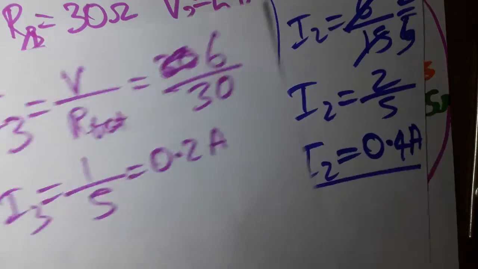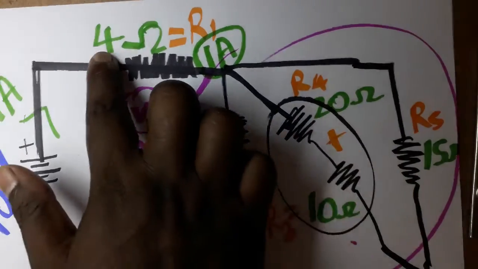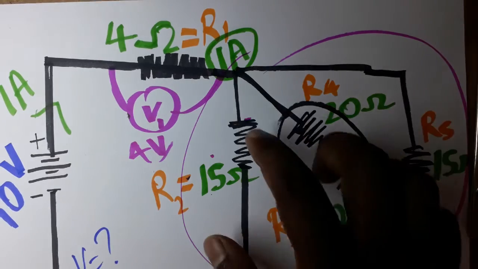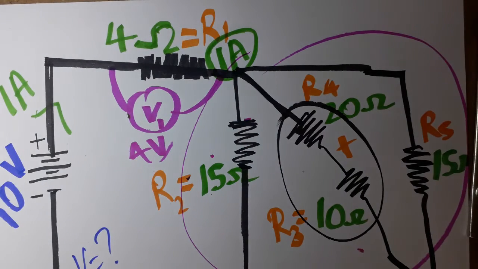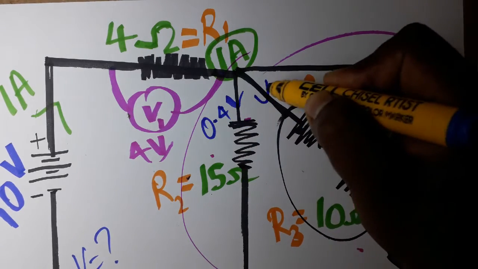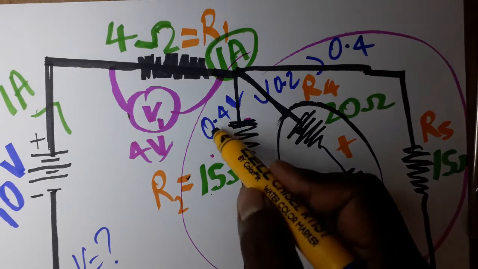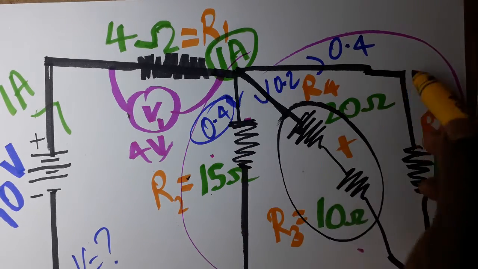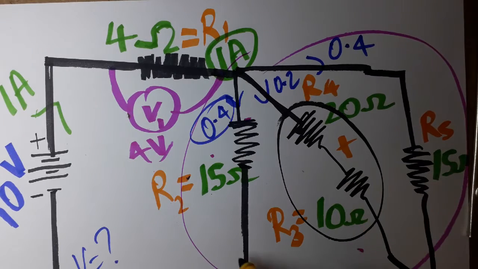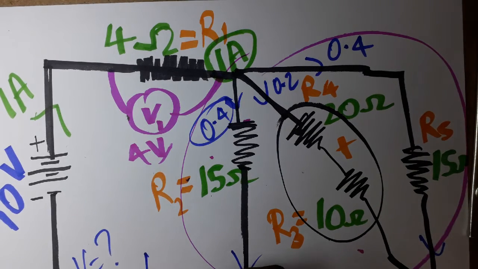So I will show again the original circuit. So this is our original circuit. In this place the current is flowing 1 ampere. At this point the current is divided as 0.4, 0.2 and again 0.4. Everything is coming together here, so everything is getting added, and here we'll get again 1 ampere.